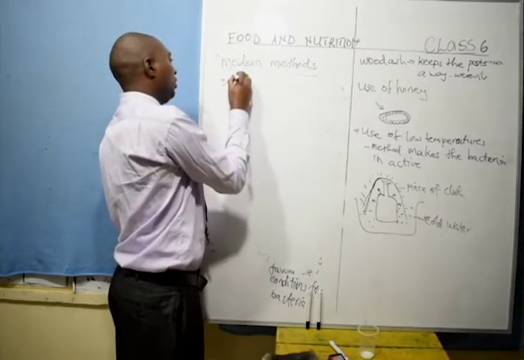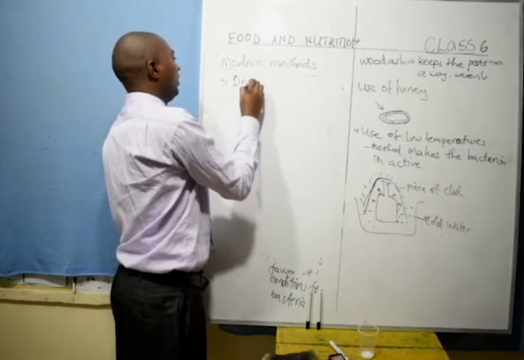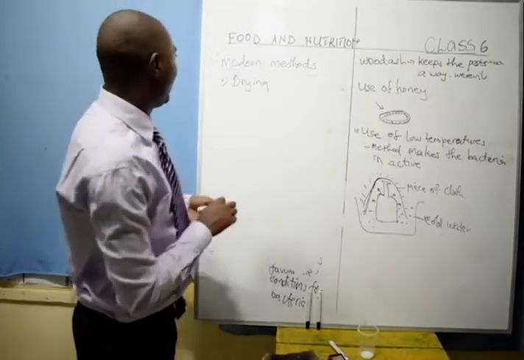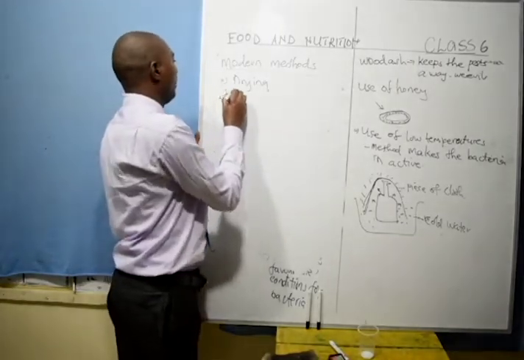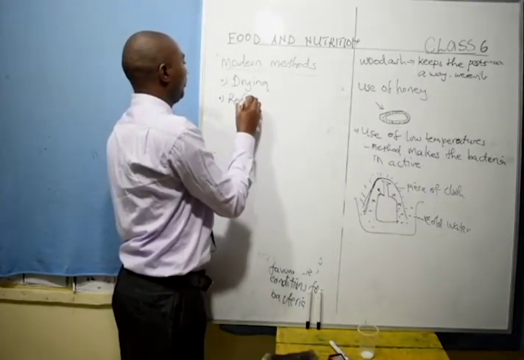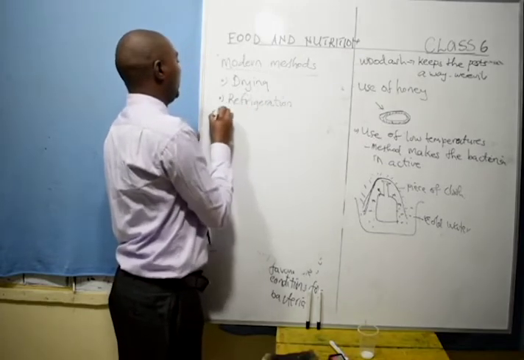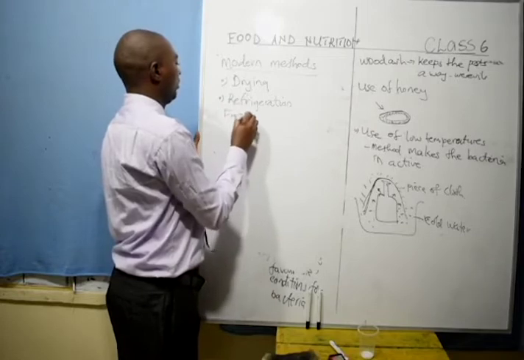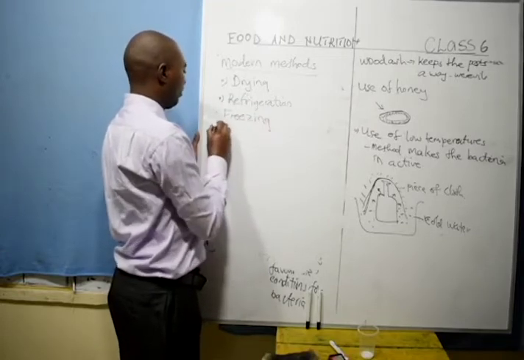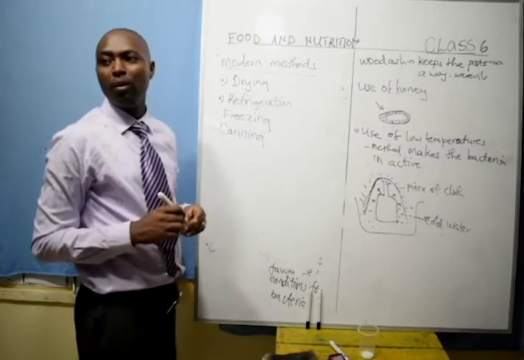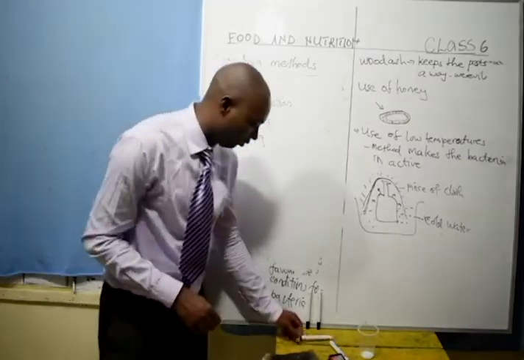We still use the drying, which can be either by use of machines or the sun. We also have the refrigeration, and we have freezing. And we have canning. Those are the four modern methods of preserving food.